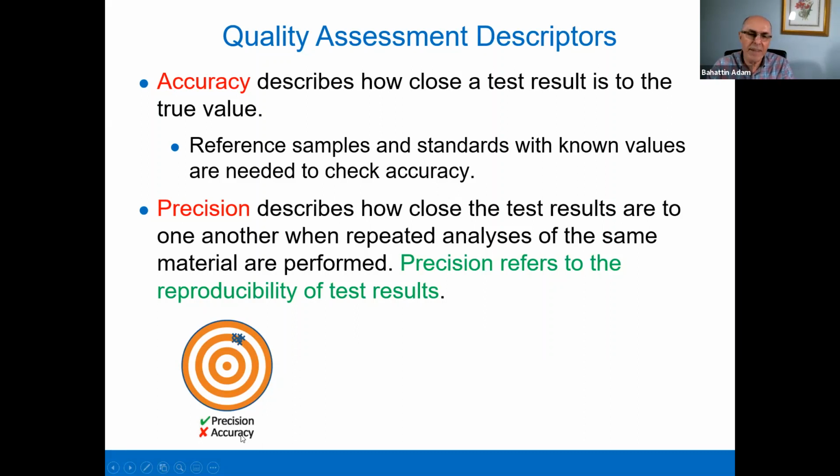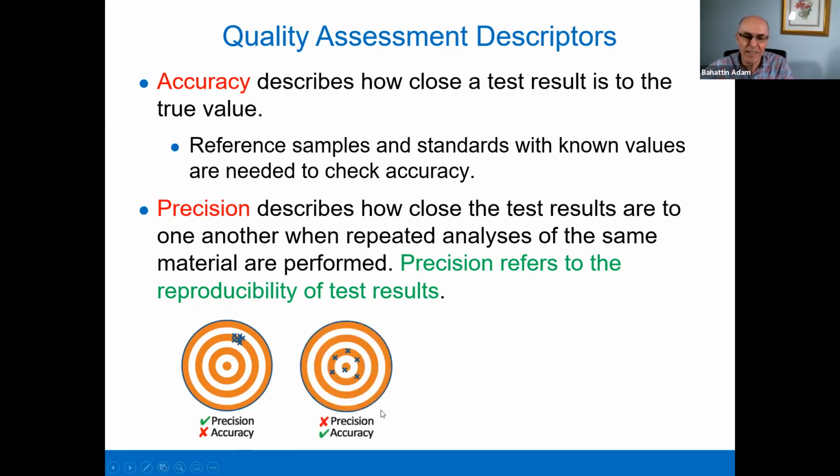Now if we have results like this, the results are close to the target value. However, they are not close to each other. What does that mean? Precision is not okay, accuracy is okay because the results are close to the target.